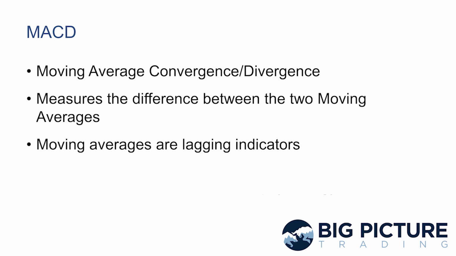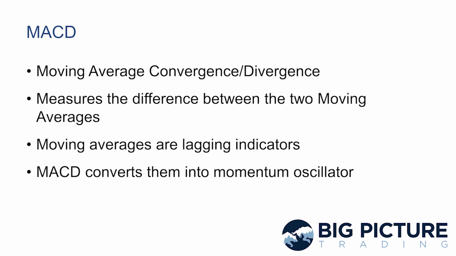But now what we're trying to do is measure momentum. Knowing that a short-term moving average would be far more responsive than a longer-term moving average, when a price starts to move in a rapid way in one direction or another, as these moving averages are diverging and then subsequently reconverging, it is measuring it in an oscillator and puts it on as an indicator for us to be able to get a pulse on how the price is moving through this oscillator.